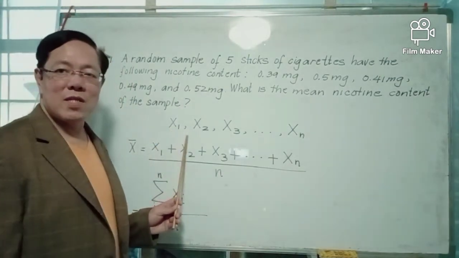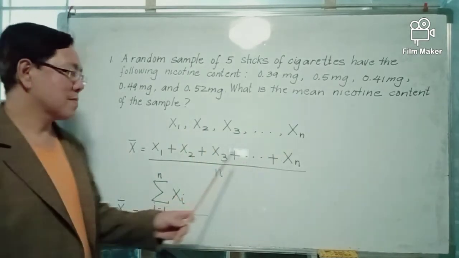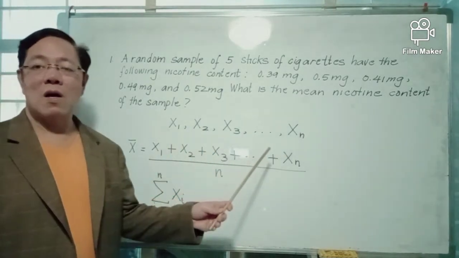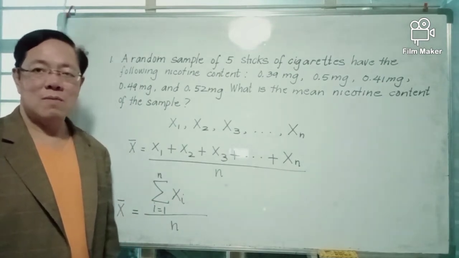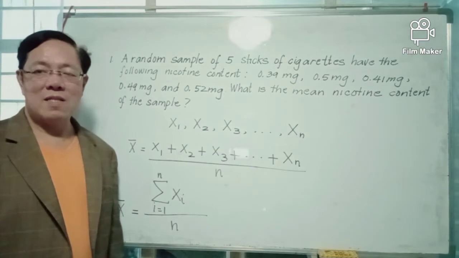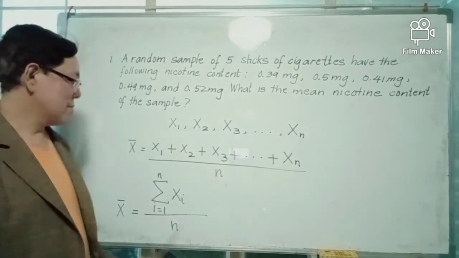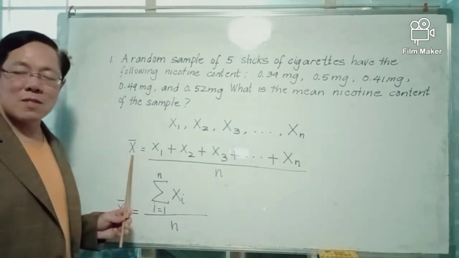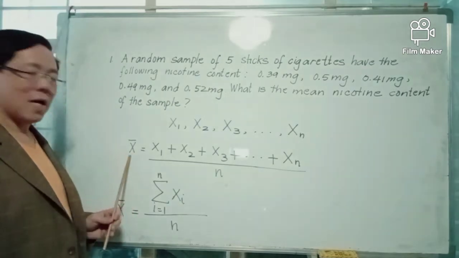So for the set of values x1, x2, x3, up to x of n, if these values are obtained from a sample, which we define as a part or portion of the population, we define the mean of the sample by this notation, which we read as x bar.